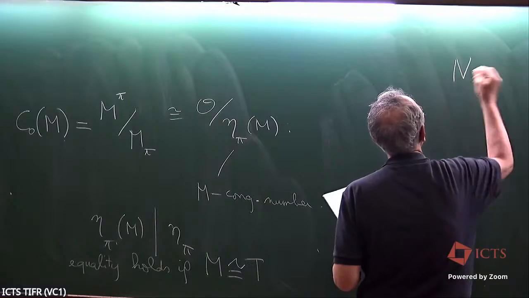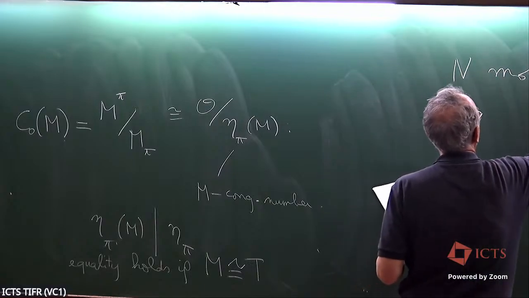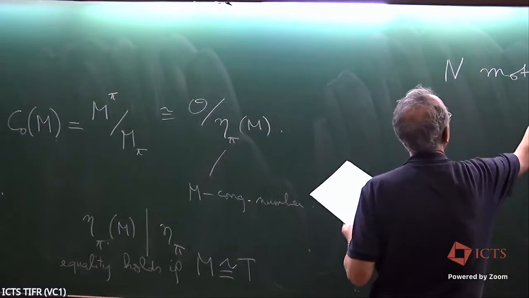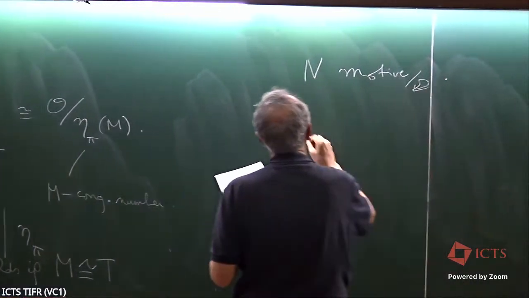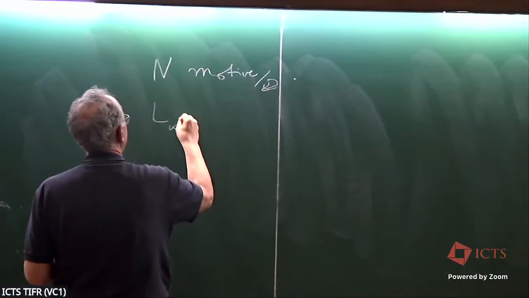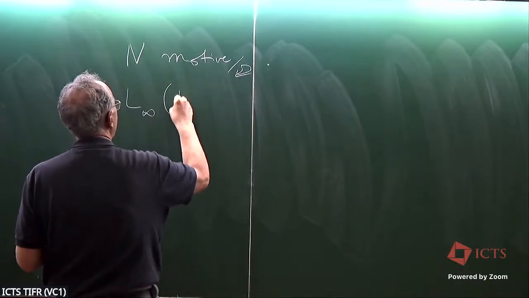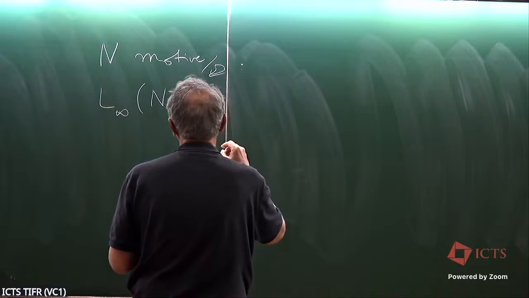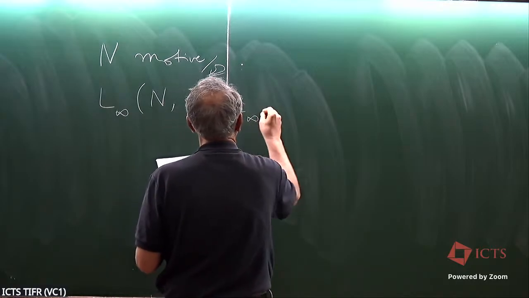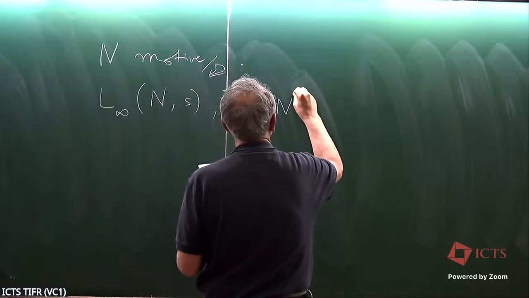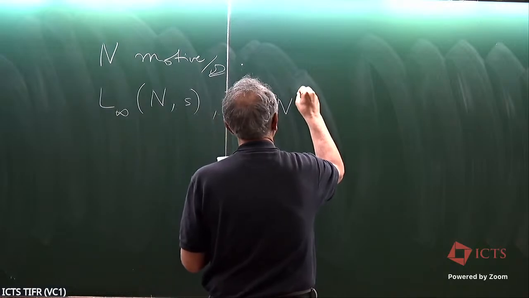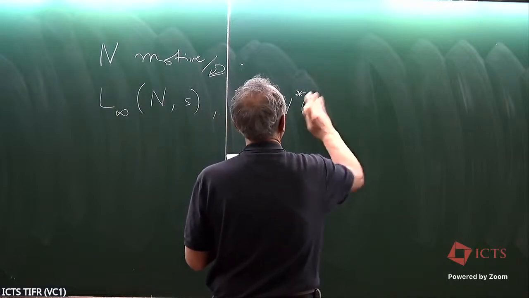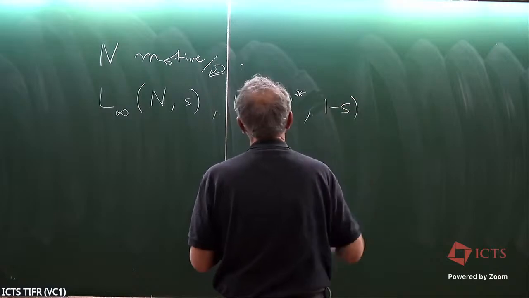If you have a motive over, let's say, Q, you consider the Archimedean component of the motive and the Archimedean component of the dual twisted by 1 minus s.